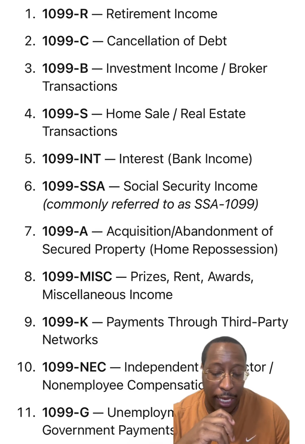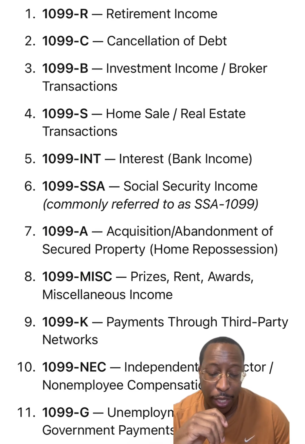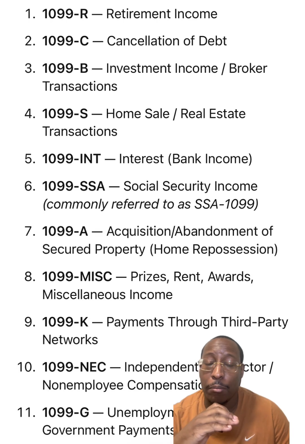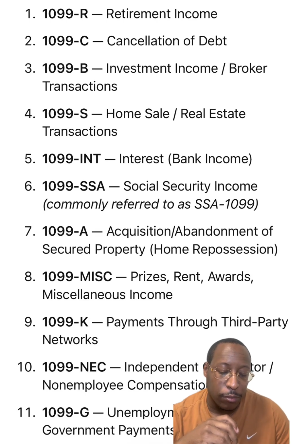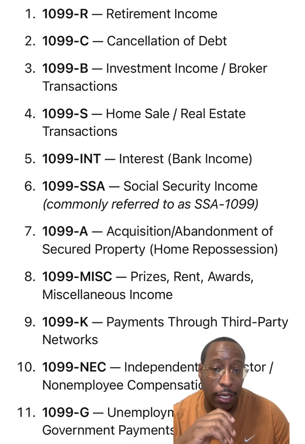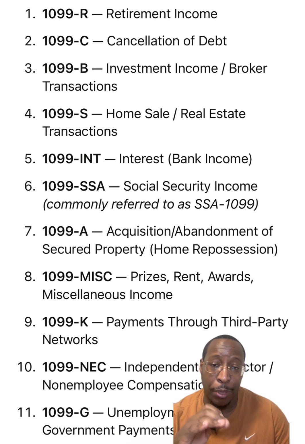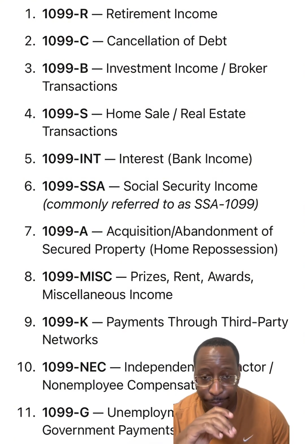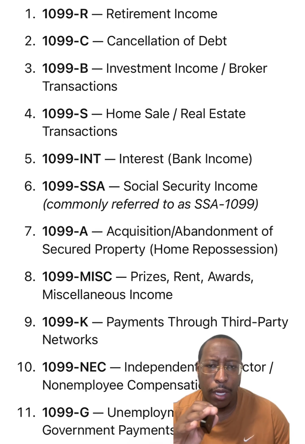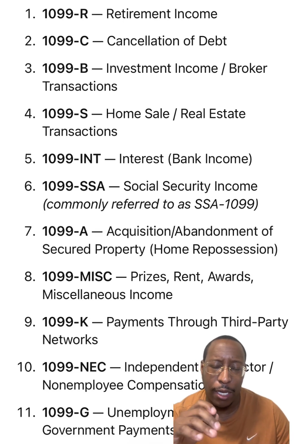The 1099-MISC is basically any passive income that you make, such as rental, prize money, any miscellaneous income. You'll get that if you have any passive income. The 1099-K is usually a shareholder's form, as well as if you've been doing business and you've been collecting credit card payments, such as PayPal or some other third party companies that collect credit card payments.